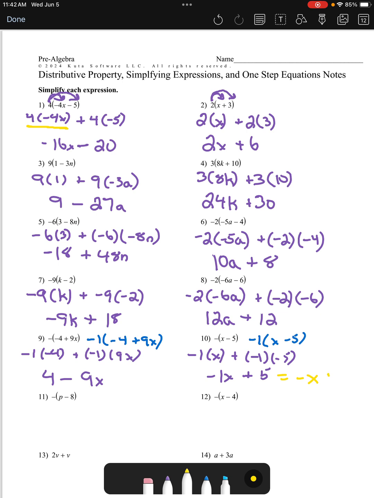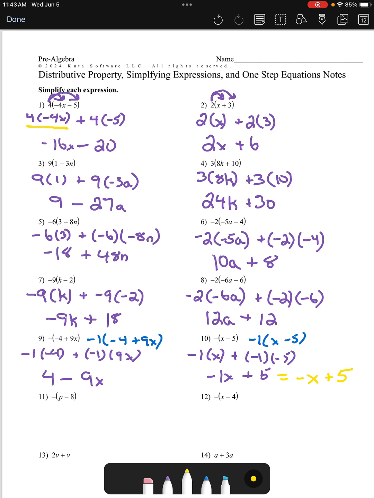Now, just a special note here. Just like the 1 is invisible to start this problem, when there is a 1, whether it be positive or negative, in front of a variable, we don't, strictly speaking, have to make it visible. -1x plus 5 and -x plus 5 are the exact same statement.